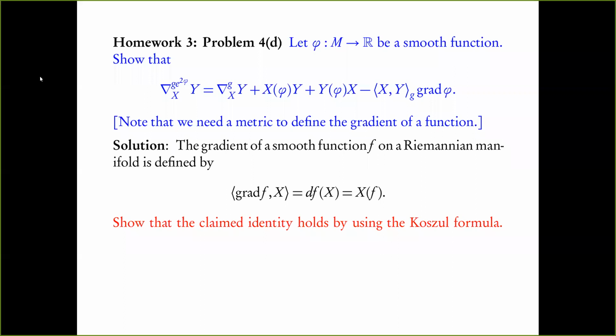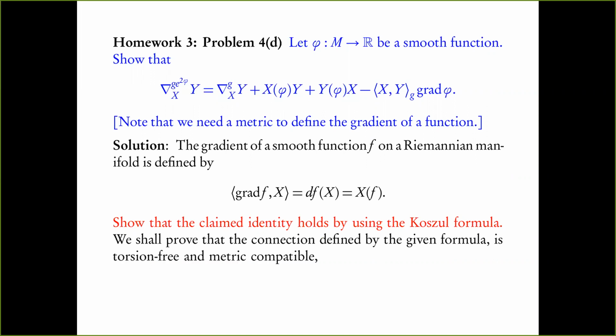Remember what we want. We want to compute the Levi-Civita connection of a metric in terms of some other things. But we know that the Levi-Civita connection is unique. So it would suffice for us to show that this right-hand side is metric compatible, condition 1, and torsion free, condition 2.